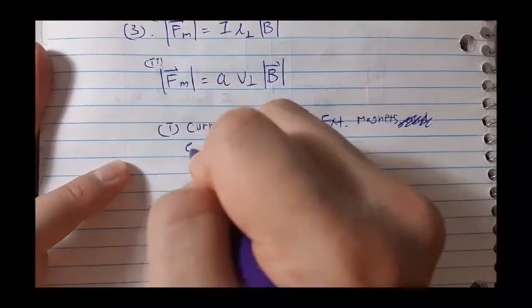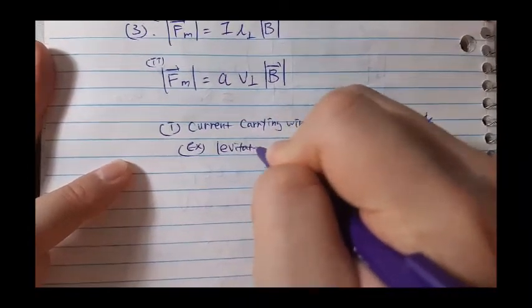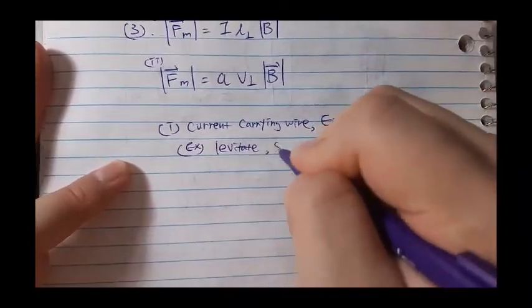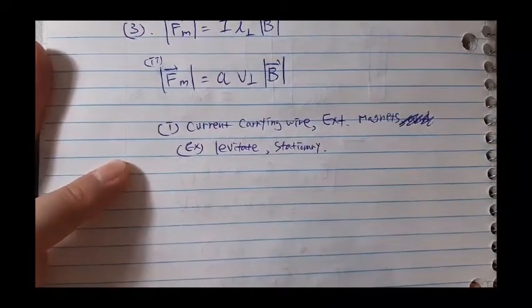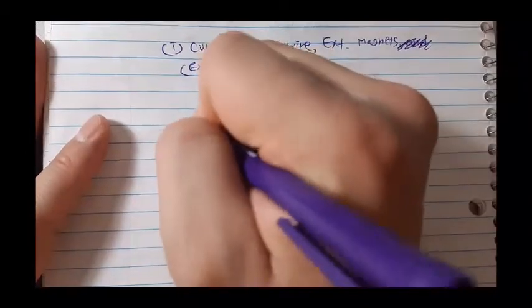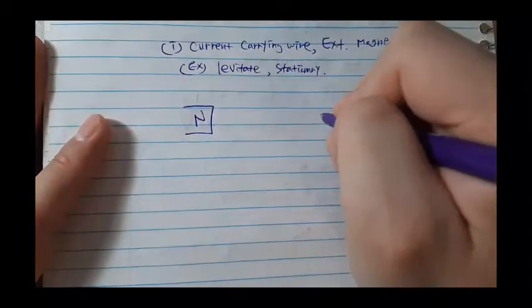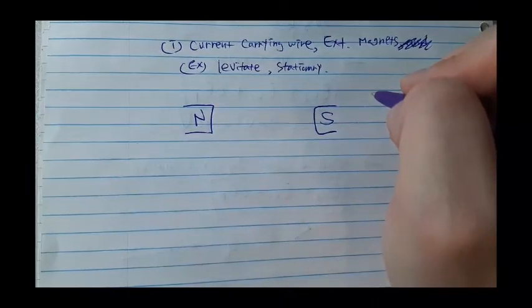This is a situation where, for example, levitation or being stationary may occur, and I'm going to explain what that means. Let's do a side-by-side view. Let's say I have the north of the external magnet and the south of an external magnet, something like that.